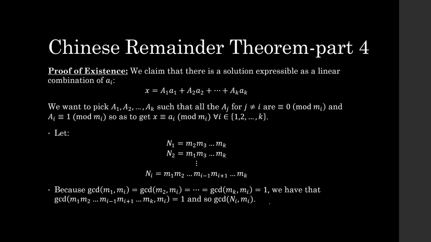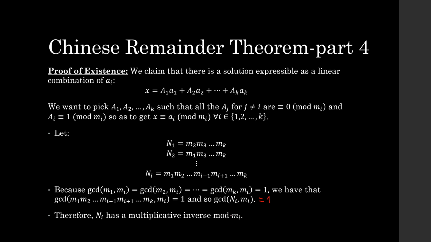Let me just rewrite it here for our annotations. Therefore, ni has a multiplicative inverse mod mi, because it has greatest common divisor 1, and so by the way inverses modulo m work, ni is going to have an inverse modulo mi.